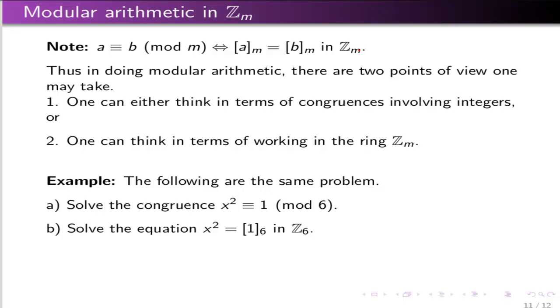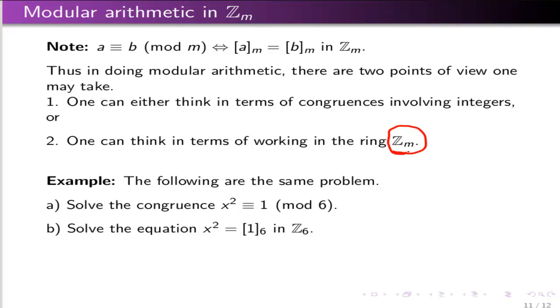You can either think of working in the integers, which is an infinite set, and think of there being congruences mod m within this infinite set of integers, or you can think, aha, I'm living in a finite set. I'm living in the ring Z_M, which is just a finite set with m objects, and I'm doing arithmetic in this finite set.